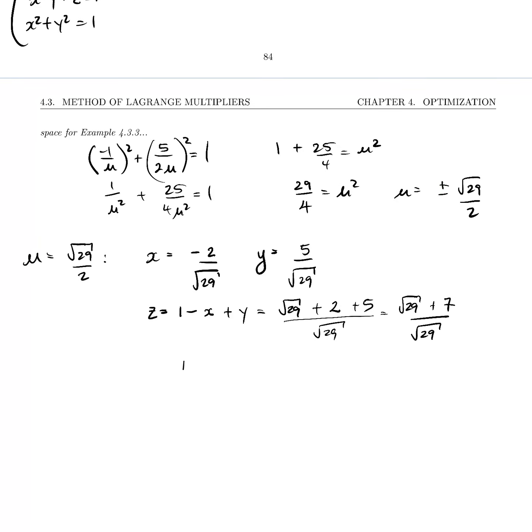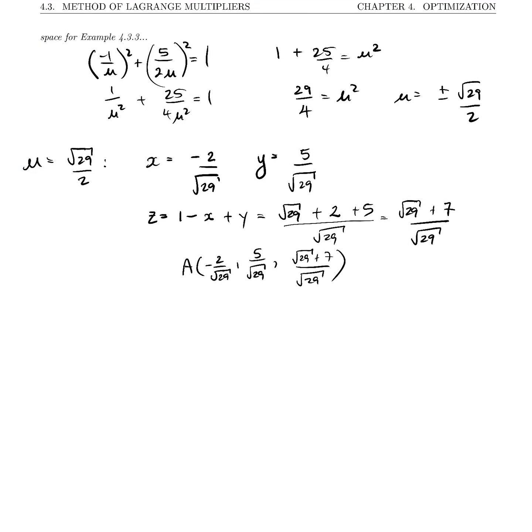Actually, before we do, let's call the point that we've just found A. Minus 2 over root 29 is the x coordinate, 5 over root 29 is the y coordinate, and the z coordinate we just found is the root of 29 plus 7 over root 29. So the other value that we had for mu was minus root 29 over 2.